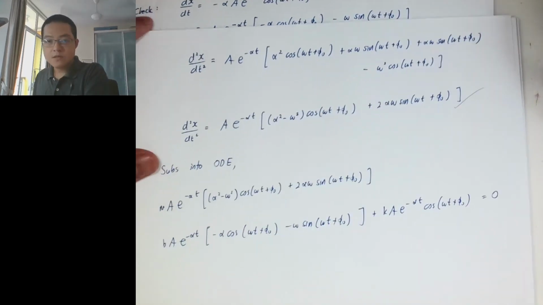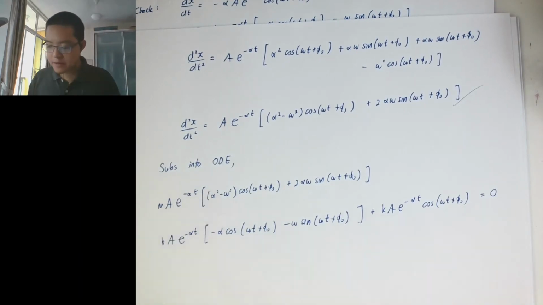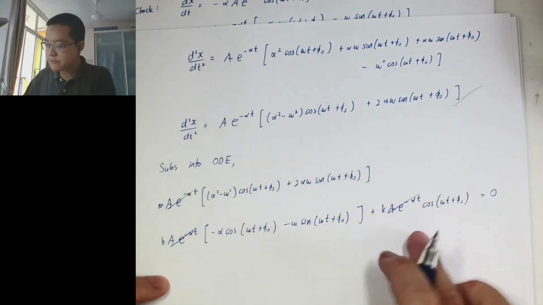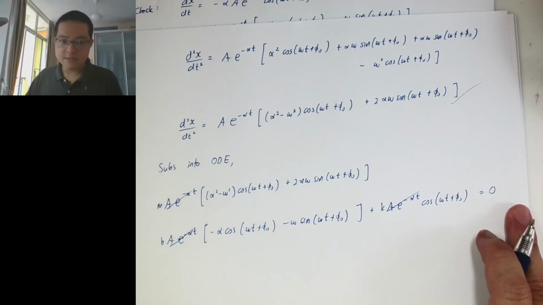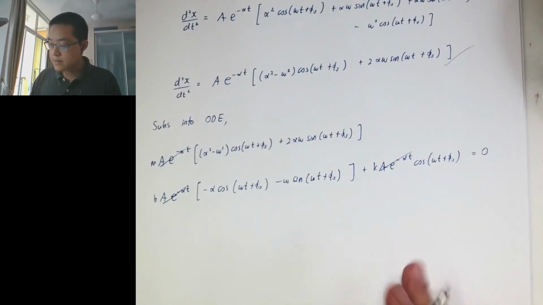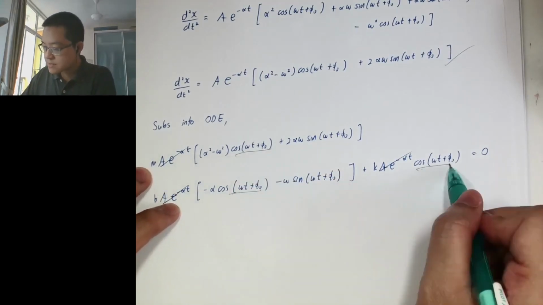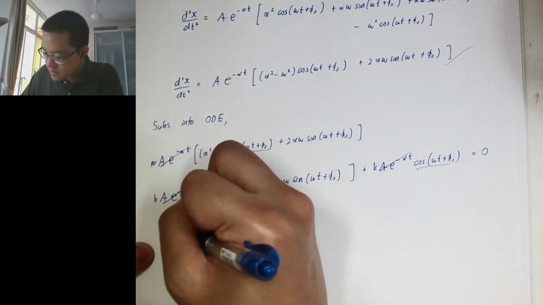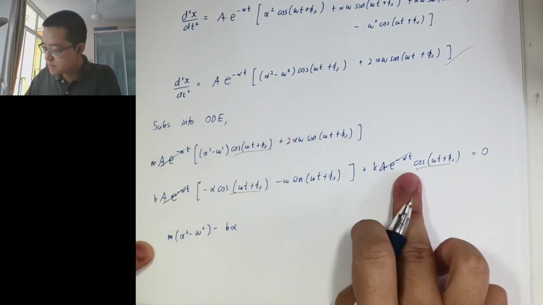Okay, so let us see our solution. Actually we can simplify because A times the exponential is everywhere, so I can take it out and it will disappear after I factorize it. Then the cosine terms are this term and this term. So the cosine term is m times (alpha squared minus omega squared) minus b alpha plus k.